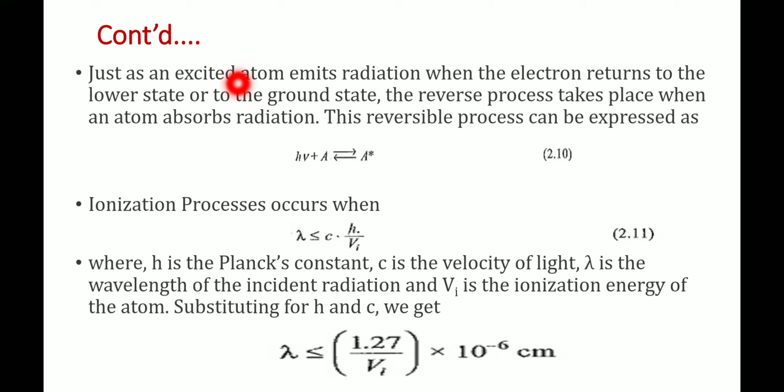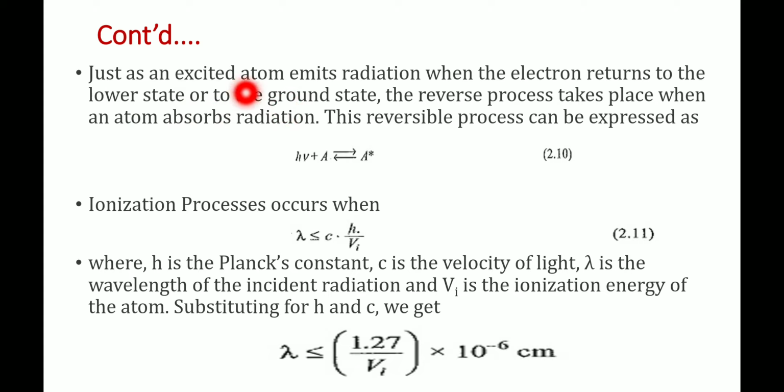Getting my point? Once it has reached its higher energy levels, it starts emitting radiation. An excited atom emits radiation when the electron returns to the lower state or to the ground state.